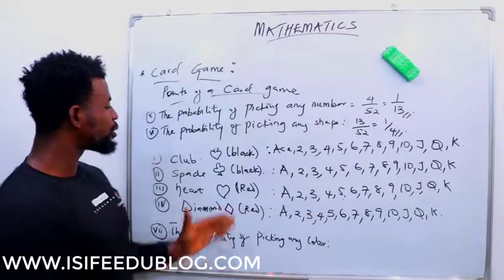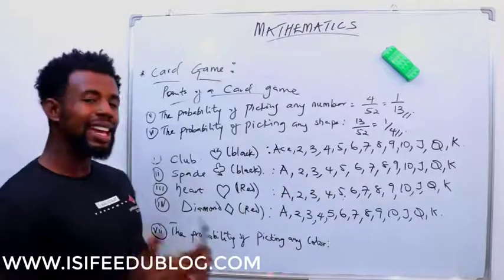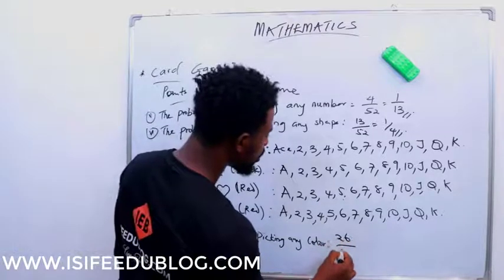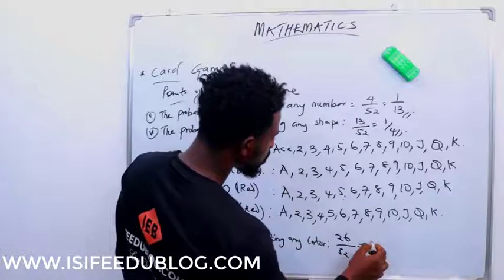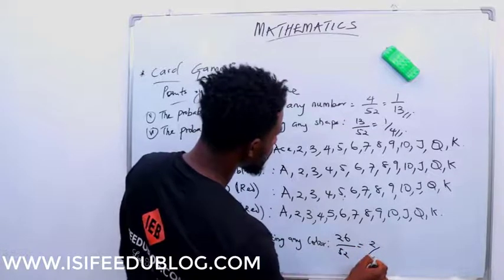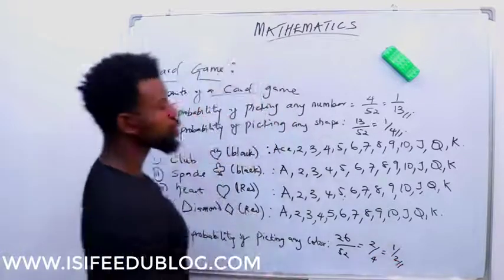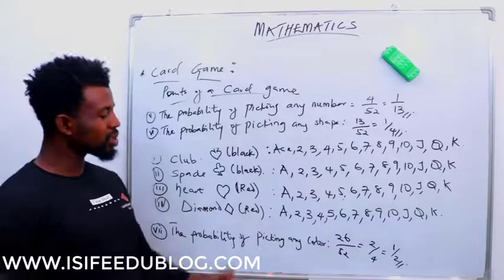And the total number of red cards we have is still 26. So the probability of picking any color from our card game is 26 all over 52, which is equal to 2 all over 4, which is equal to 1 over 2. So the probability of picking any color from a pack of cards is 1 over 2.